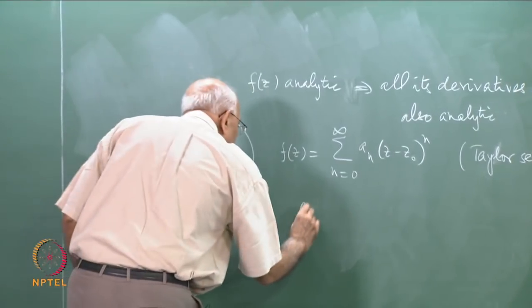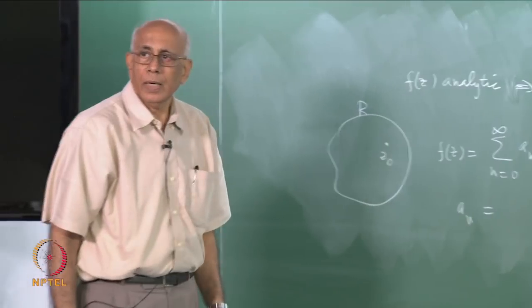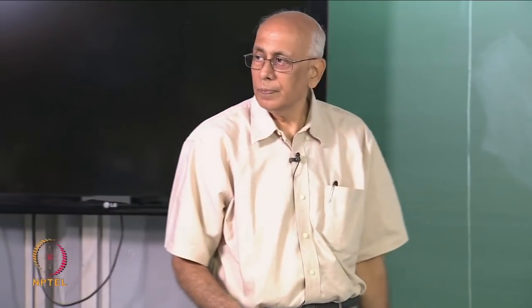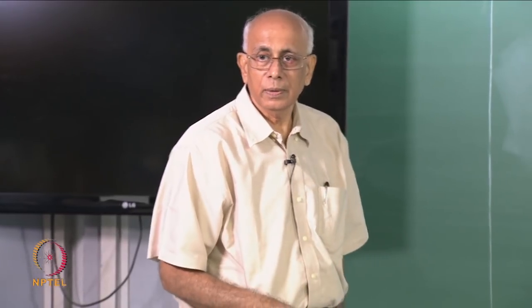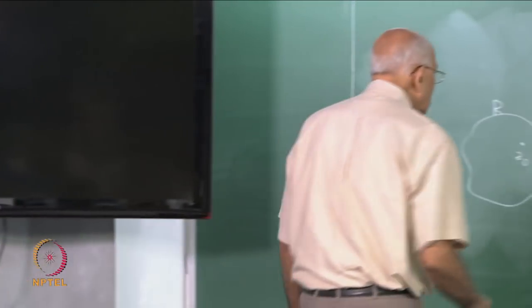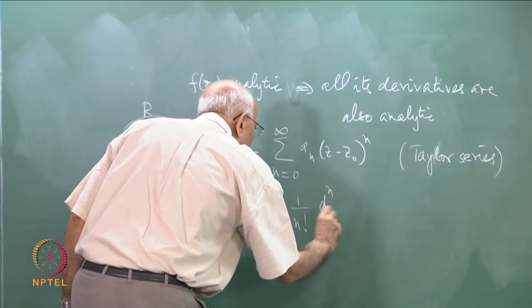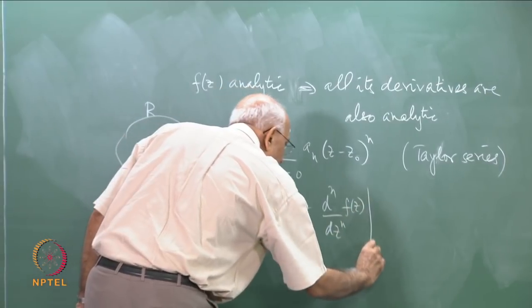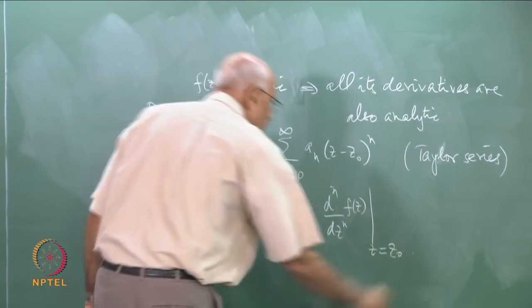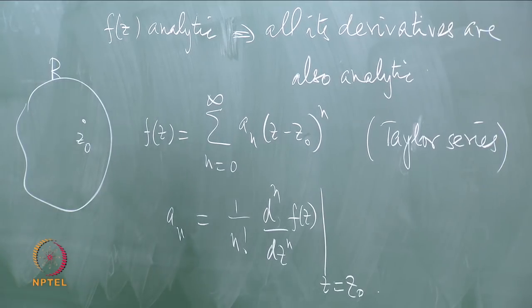If you invert this, how do you write a sub n in terms of f? In any Taylor series, what is the nth coefficient? Yes, it is 1 over n factorial times d n over dz to the n of f of z at the point z equal to z naught. It is the nth derivative at that point.